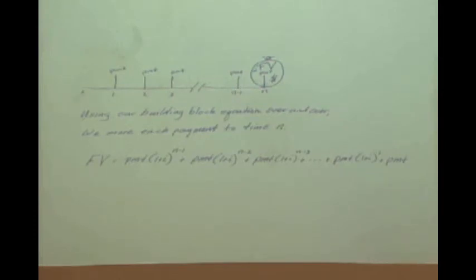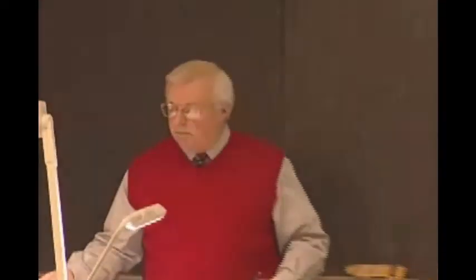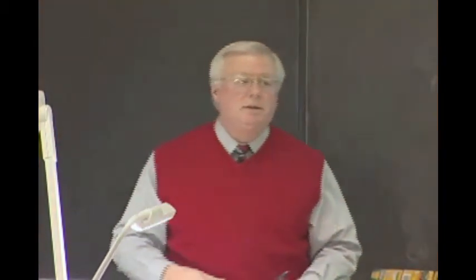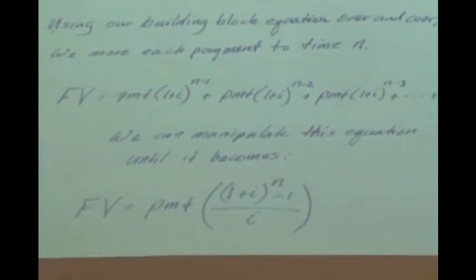Again, this is an open form equation. It's difficult to use if n is large, but because it's a geometric series, we can manipulate it algebraically until finally it becomes a much simpler closed form equation.